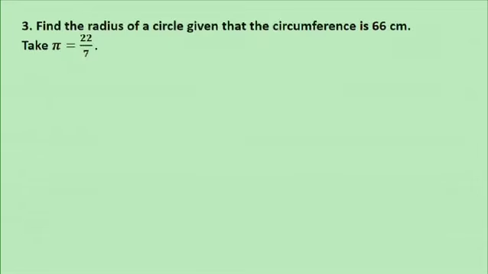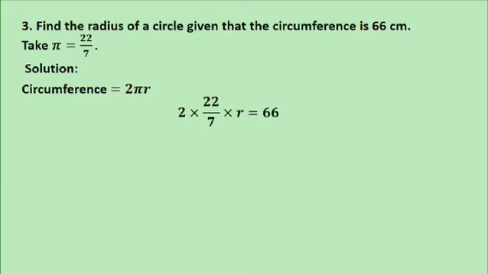Example 3. Find the radius of a circle given that the circumference is 66 centimeters. Here we are going to take pi as 22/7. Using the formula circumference is equal to 2 pi r, we are going to substitute the values. 2 multiplied by 22/7 multiplied by r is equal to 66.